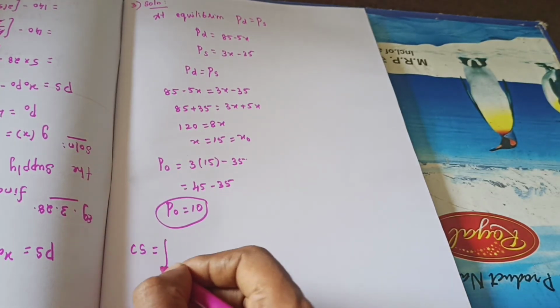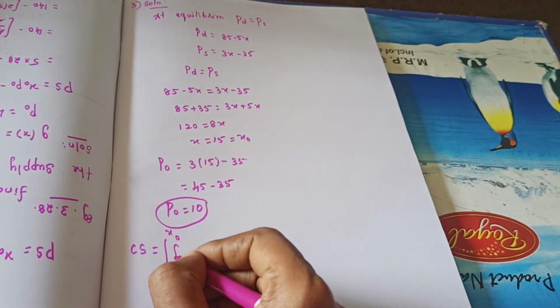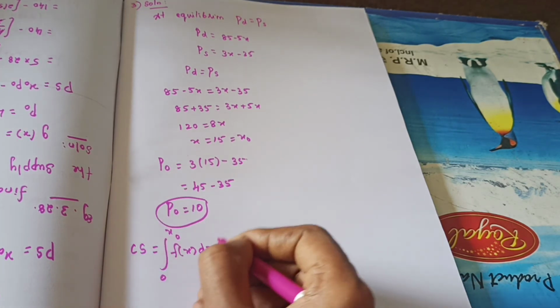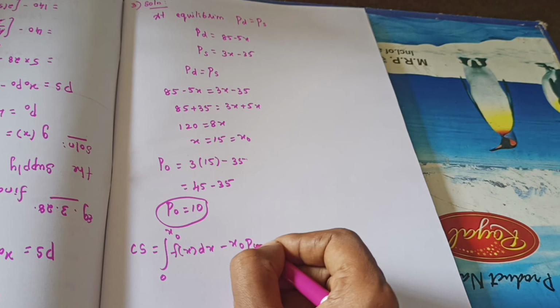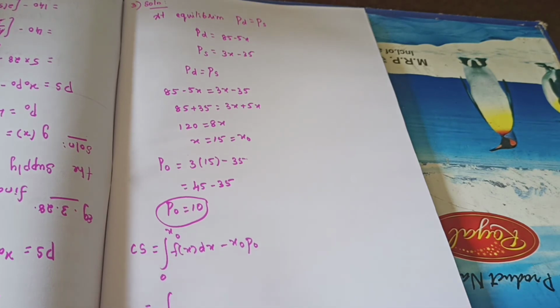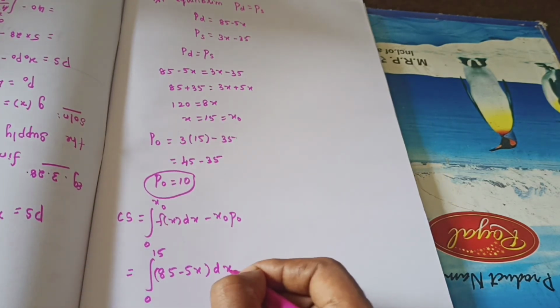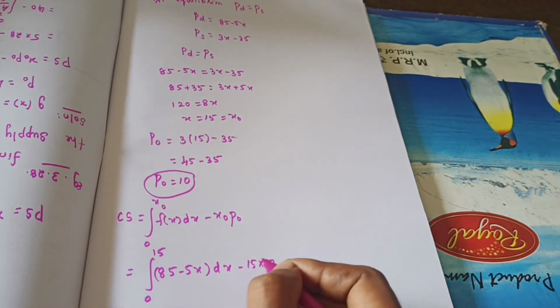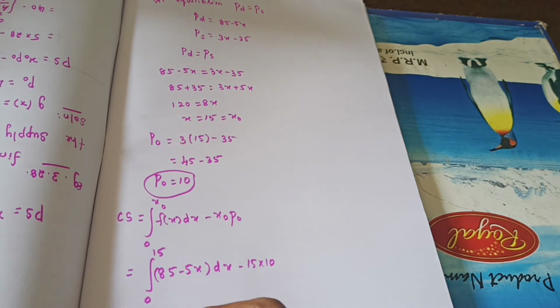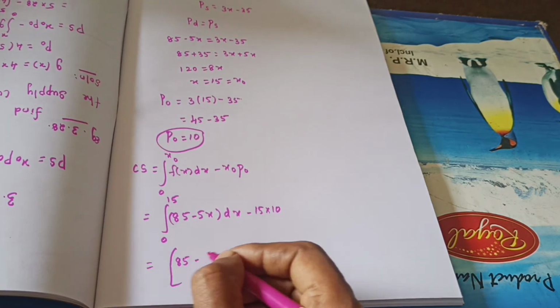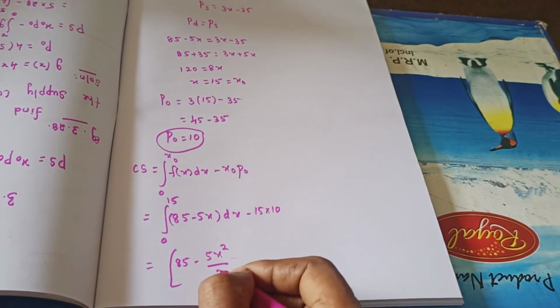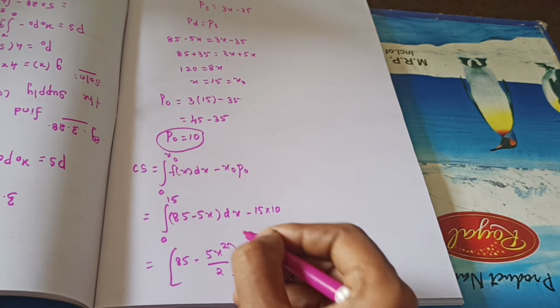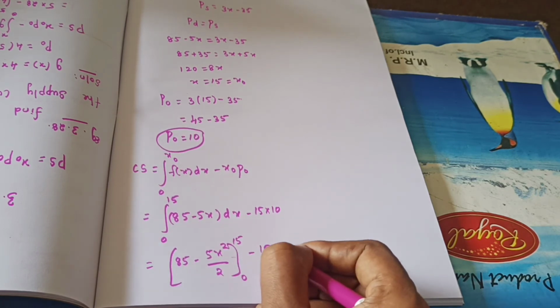You can do 0 to x naught f of x dx minus x naught P naught. Apply all the values and integrate it. 0 to 15, 85 minus 5x dx minus 15 into 10. Integrate: 85x minus 5x square by 2, 0 to 15, minus 150.